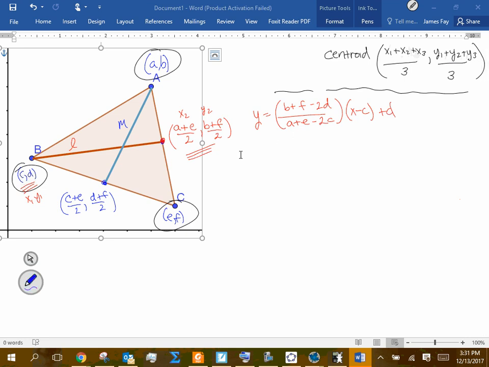Now let's find the equation of the blue line. You would go through the exact same procedure we just did with slope, and then choosing x1 and y1, and when you do that, you're going to get y equals d plus f minus 2b all over c plus e minus 2a, times x minus a, that's my x minus x1, and then add b to both sides.